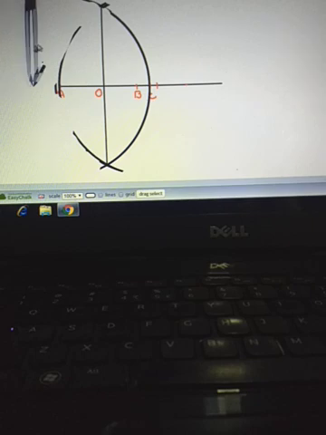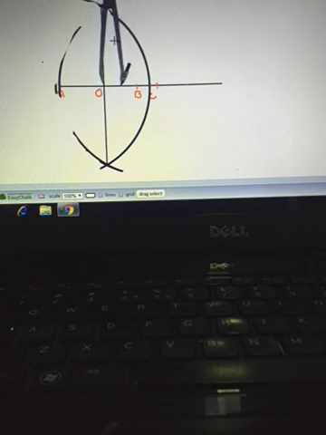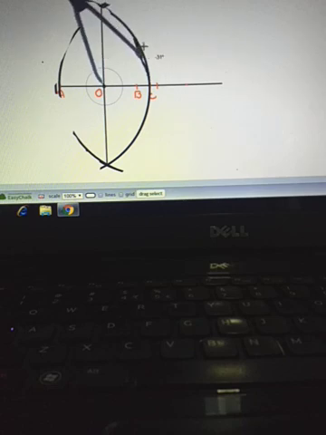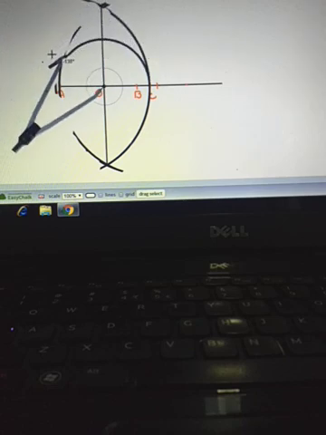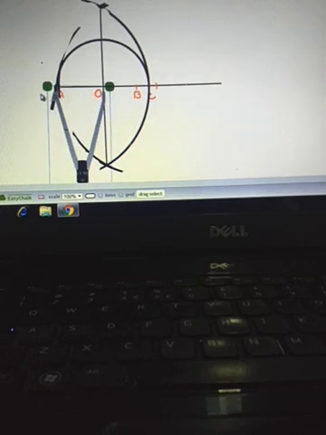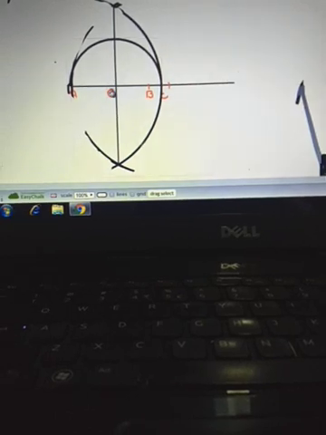I am placing the compass tip at O, and then I extend the arms to the length of OC. And now I am going to draw a semicircle which will touch AC and E. Okay, like this. So you can well see here, this is the semicircle.